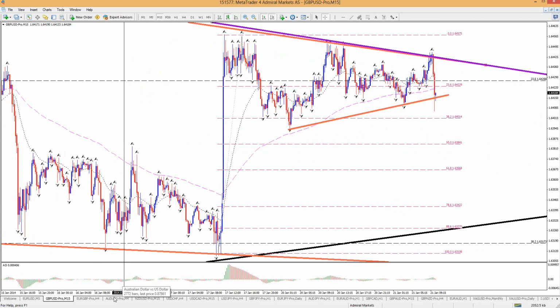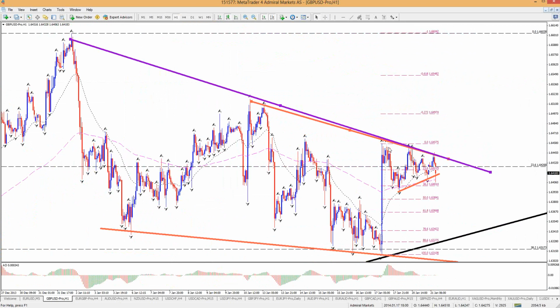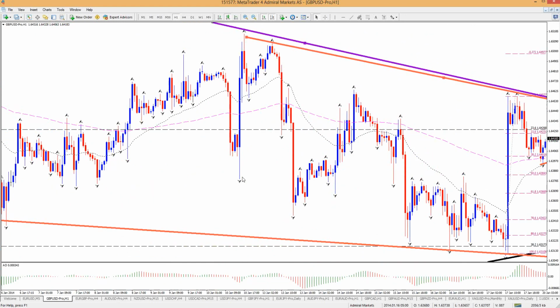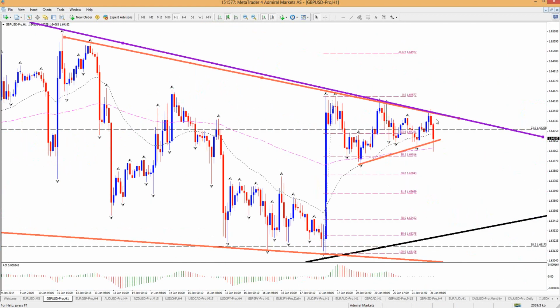Wei is saying, if it closes the hour like this, it's a reversal. Let's see. Yeah, depends. Pound dollar does have an hourly bearish candle, but it has some wick now at the moment, at least.